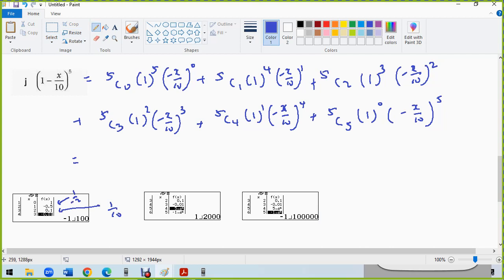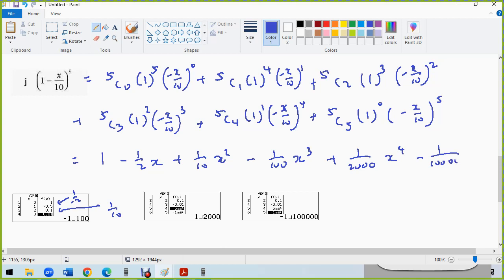So we have the 1 minus half x plus 1 over 10 x squared minus 1 over 100 x cubed, and then plus 1 over 2000 x power 4 minus 1 over 100,000 x power 5. Yeah, 100,000.